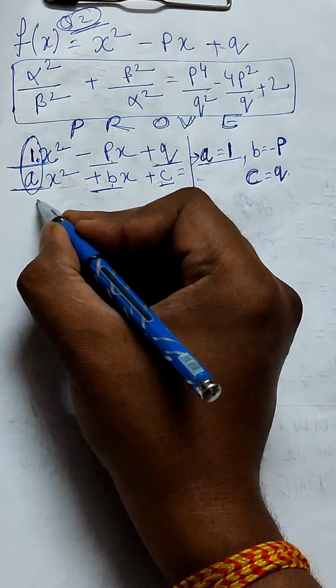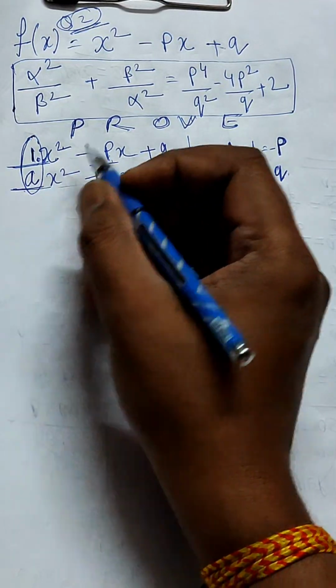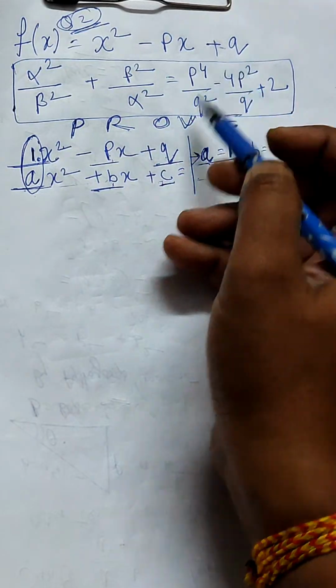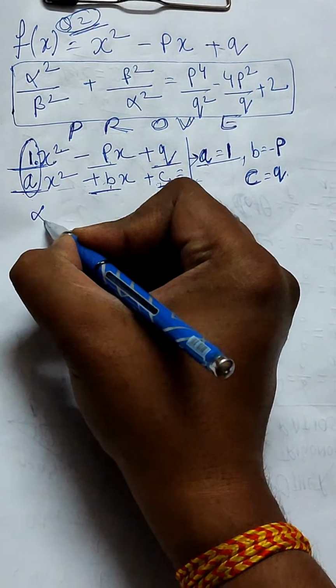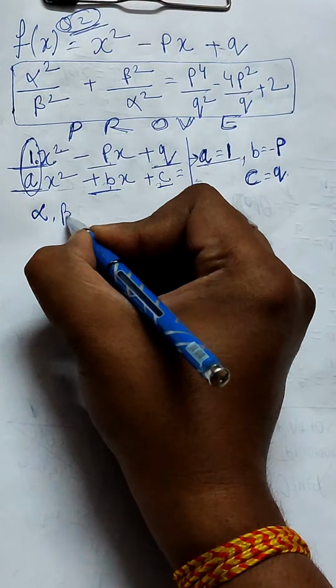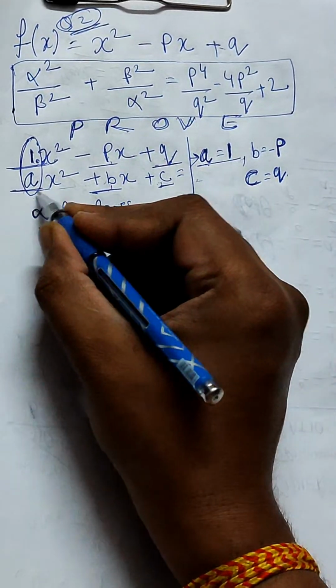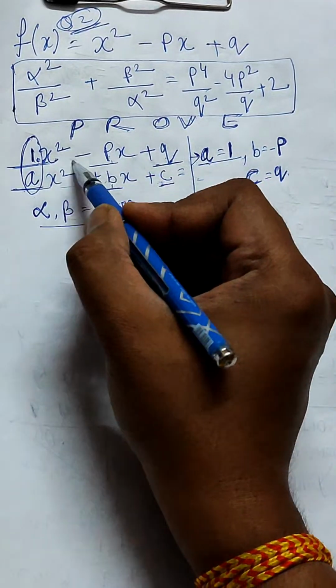Alpha and beta are the roots not only of the standard form of the quadratic equation, but for our equation also.